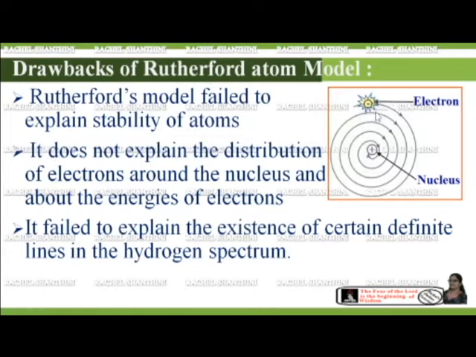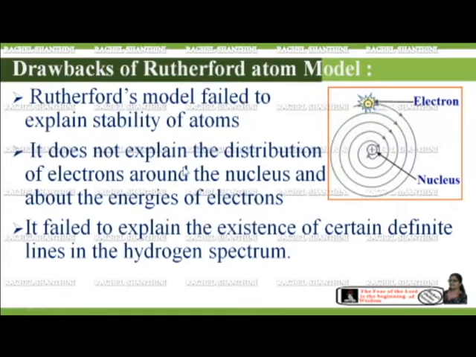Because of that, they would slow down and no longer be able to withstand the attractive force of the nucleus. It would move closer and closer to the nucleus and follow a spiral path and collapse in the nucleus. This means atom should collapse. Rutherford therefore could not explain the stability of the atoms.